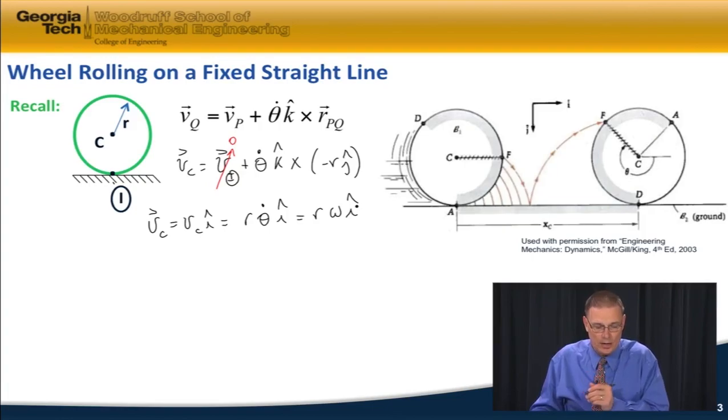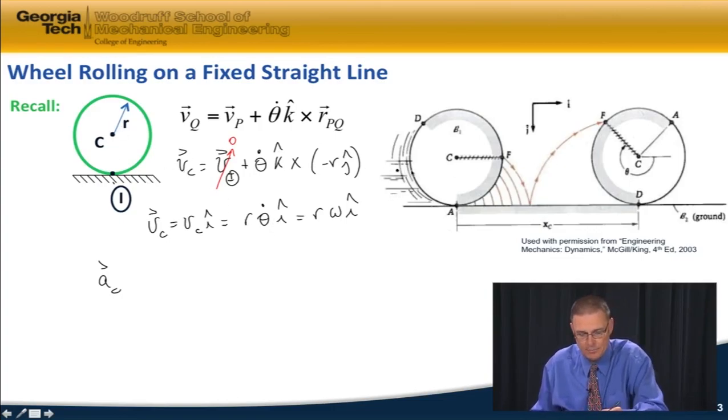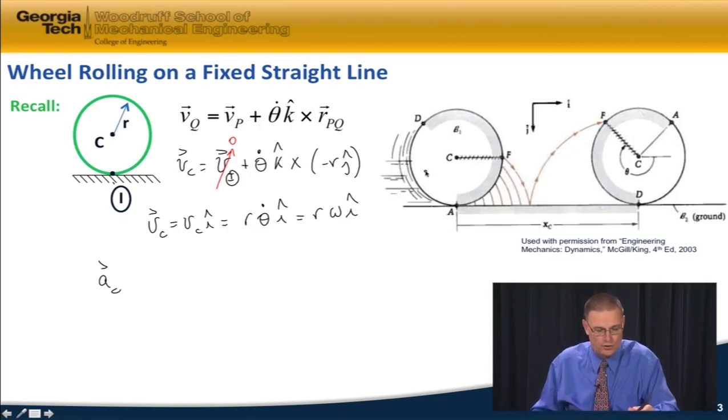My question to you is, how do I now get the acceleration of the center of the wheel? And your answer should be, let's just go ahead and take the derivative. Derivative of velocity is acceleration. So the acceleration of C is equal to, I've got little r is constant. It's the radius of the wheel. I is constant in this case because the direction does not change. And so the only thing that changes is the theta dot.